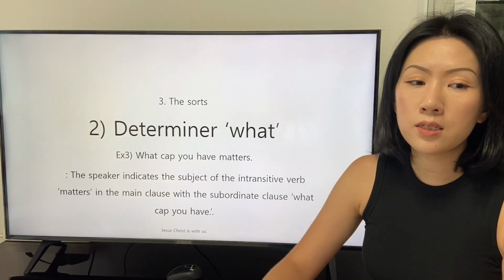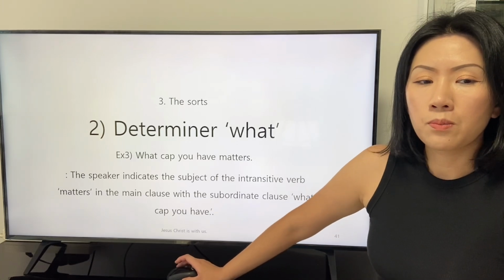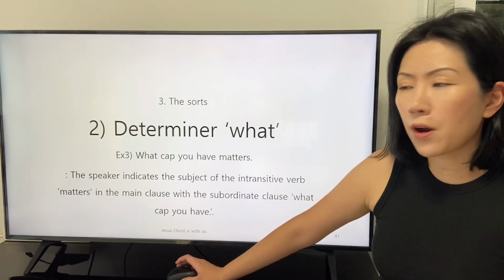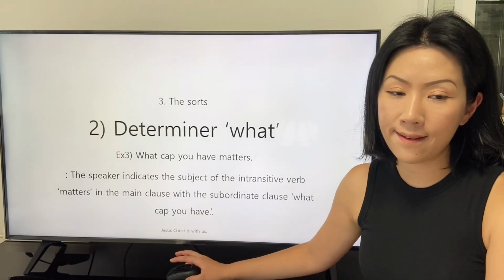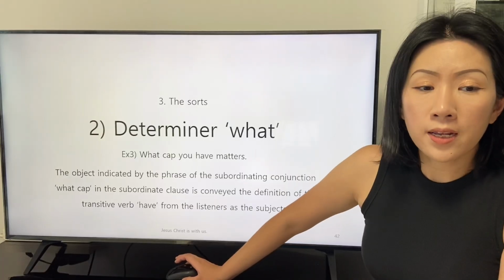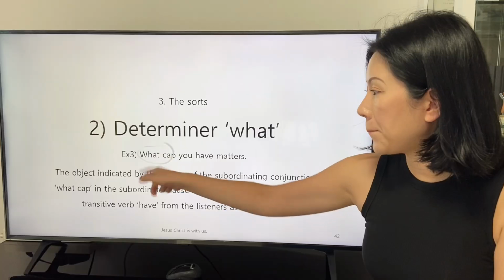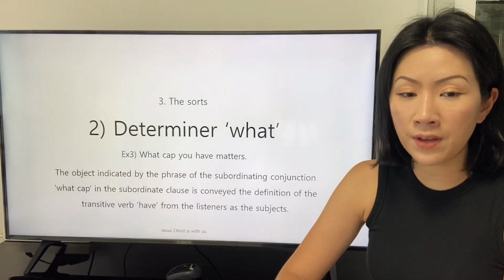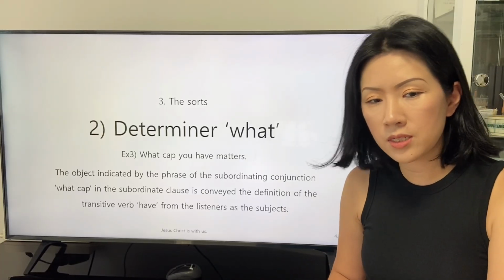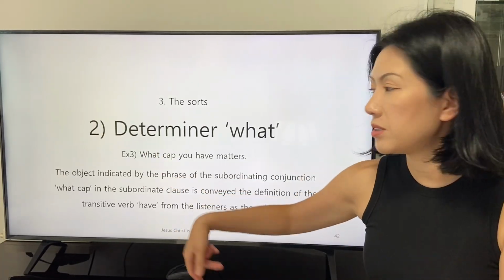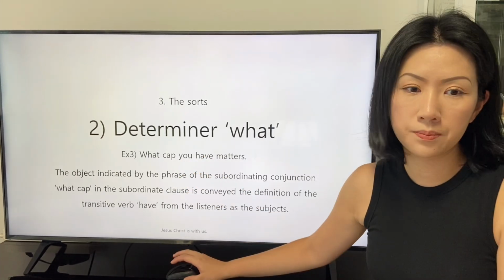Let's read the explanation together. The speaker indicates the subject of the intransitive verb matters in the main clause with the subordinate clause what can you have. The object indicated by the phrase of the subordinating conjunction what cap in the subordinate clause receives the definition of the transitive verb have from the listeners as the subject.